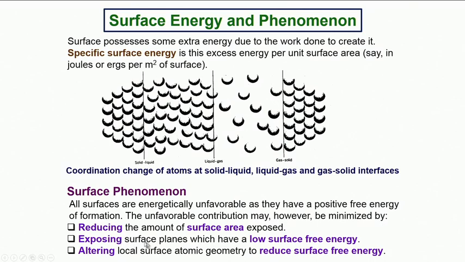You can choose certain crystallographic planes which have low energy, in other words densely packed. If you expose those crystallographic planes onto the free surface, then the overall energy of the surface can be lower. Or you can change the atomic geometry of the surface in order to reduce the surface free energy.